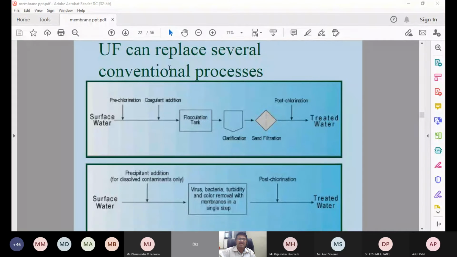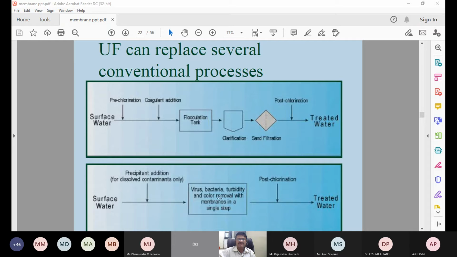So this ultrafiltration can replace several conventional processes like the flocculation tank and clarification, and sand filtration can also be removed if you use this ultrafiltration. So these three things can be removed if you use the ultrafiltration membrane.